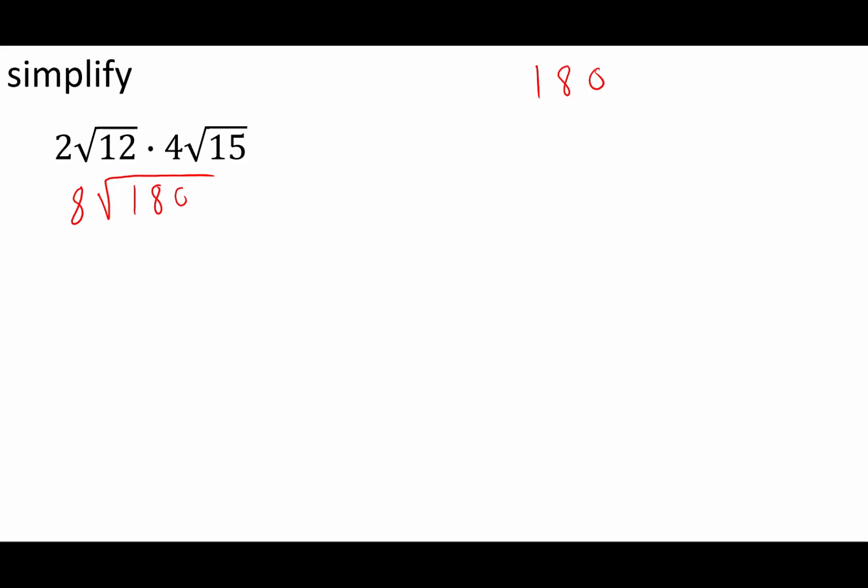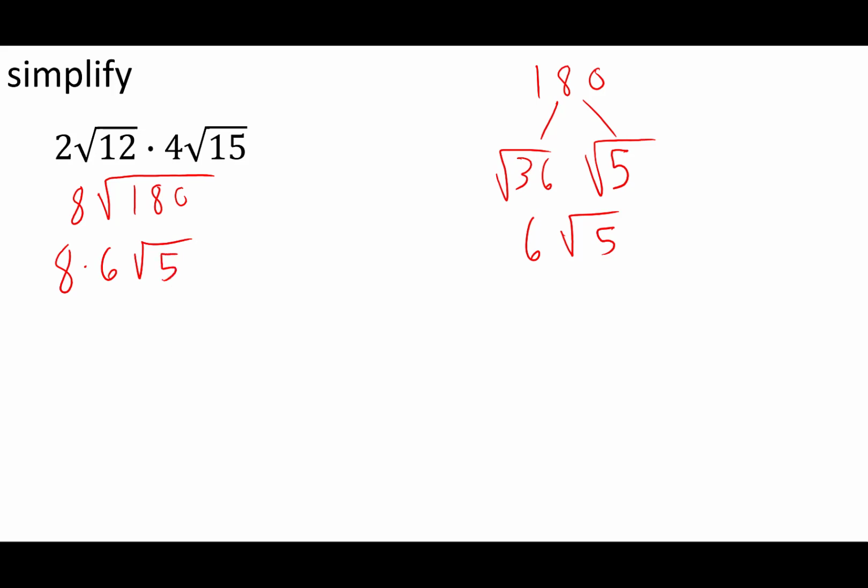All right, so I'm looking at my perfect squares, and I know 36 divides out of 180, and 5. Okay, well, the square root of 36 is 6, square root of 5. Now 6 times 8 is 48. So I get 48 square root of 5.